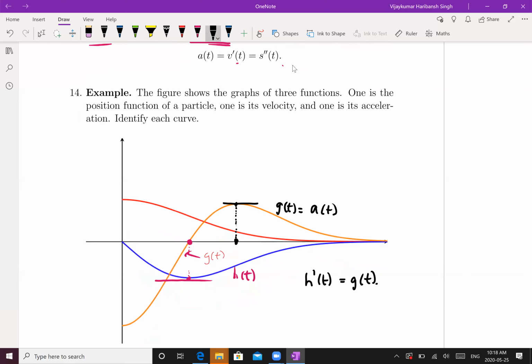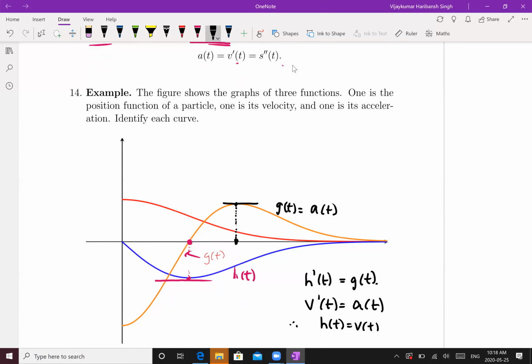Now, as you saw that h prime of t is g of t, so the velocity derivative is acceleration. Therefore, h of t is your v of t. So what is h of t?